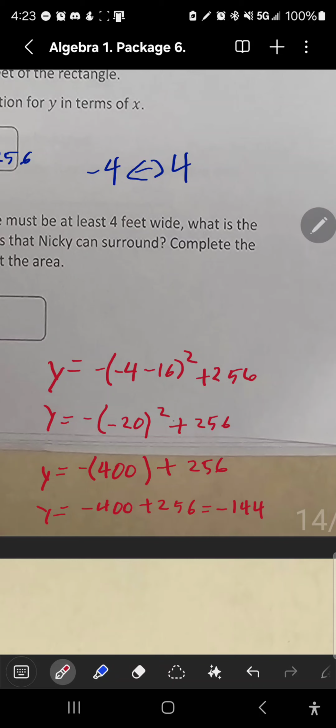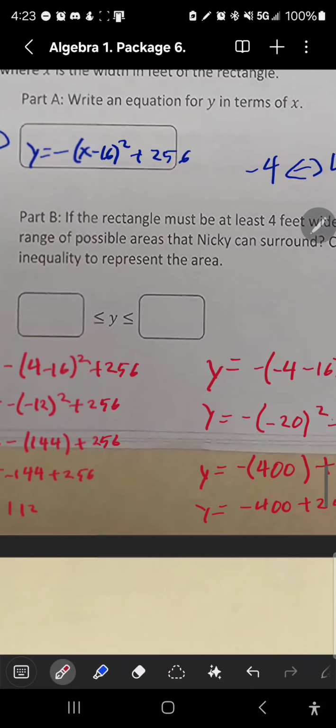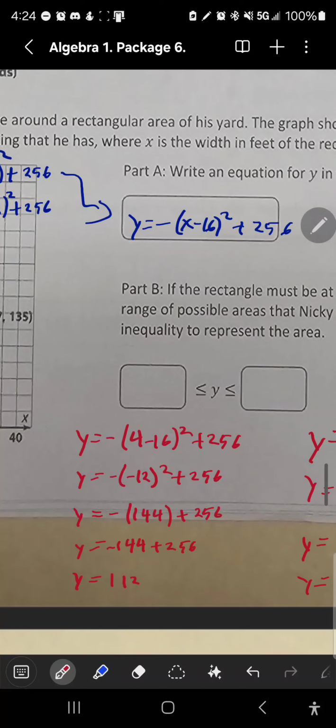So that's basically the answer: negative 144 to 112.